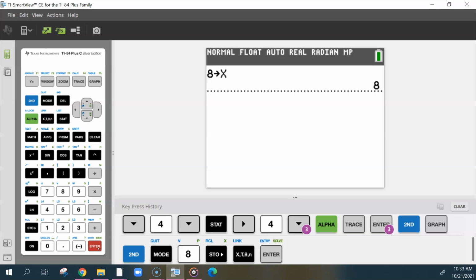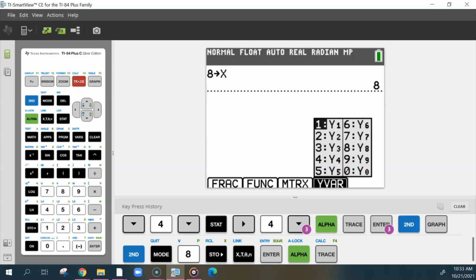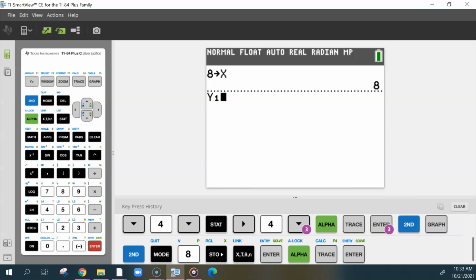Once it's stored, you can go back and grab your equation out from alpha trace. Wherever you stored it, grab that equation and hit enter. And it will solve your equation with all of its decimals with whatever x value you put in.